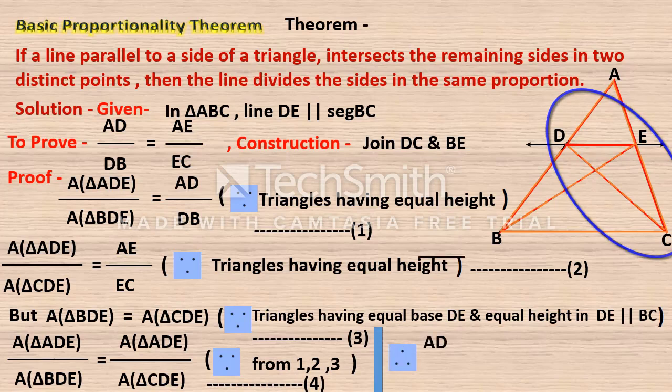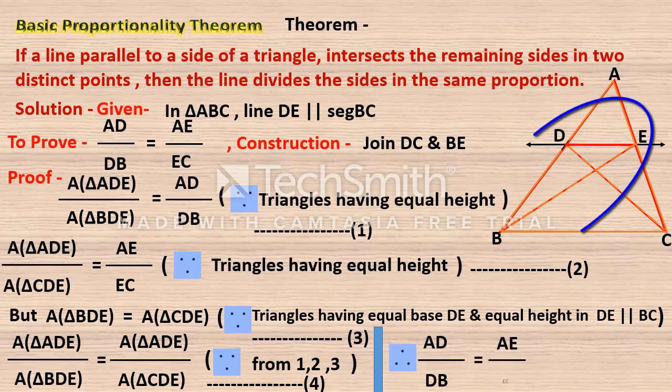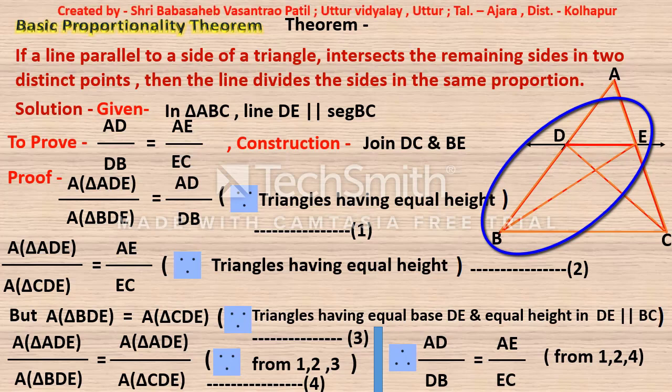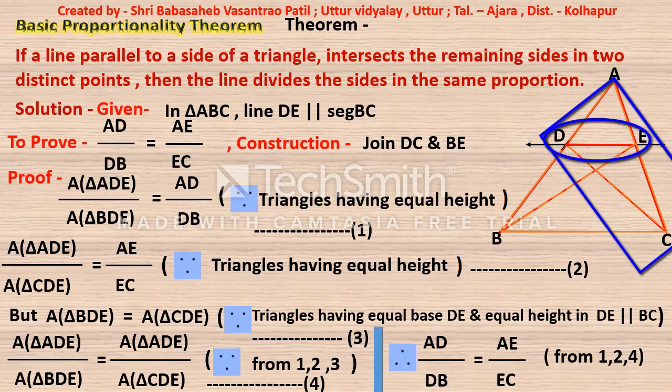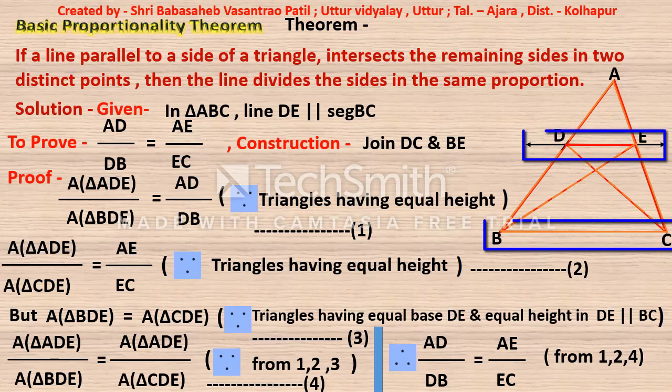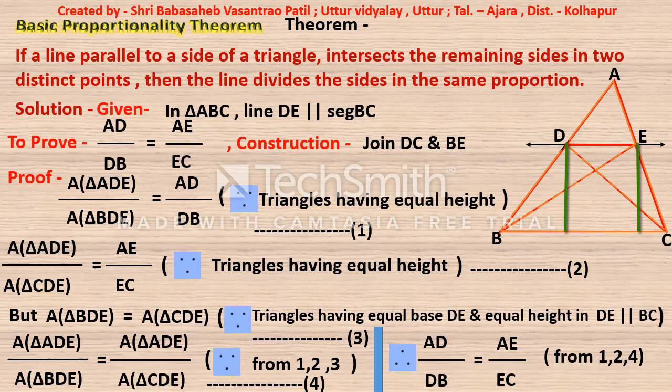Both areas are equal because for triangle BDE we consider DE as the base, and for triangle CDE also DE is the base, so the bases are equal. Both triangles lie between parallel lines, therefore the heights are also equal, which means base and height are equal, so the areas are also equal.